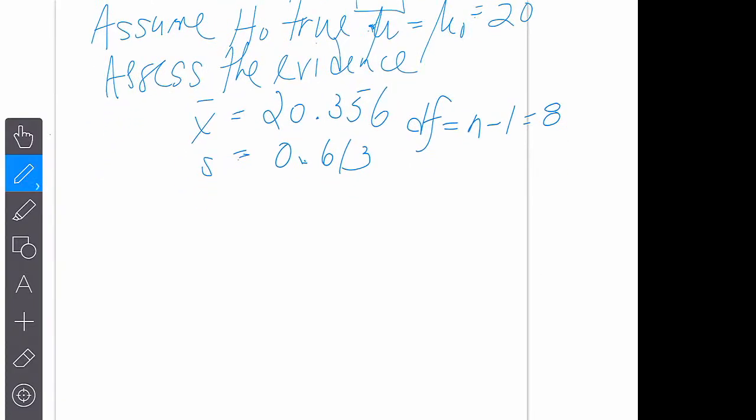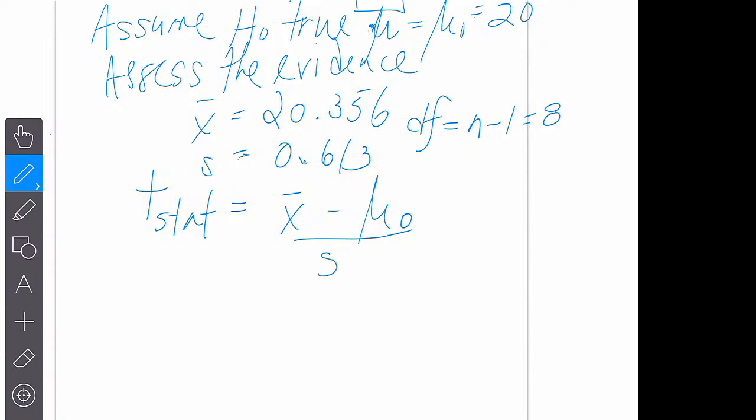So this gives us the test statistic, and the test statistic is a t statistic, okay, because we're using S. We're going to take the x bar minus the hypothesized mean and standardize it with its standard deviation.